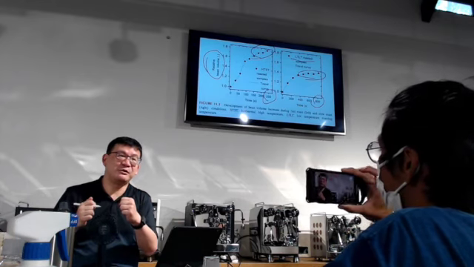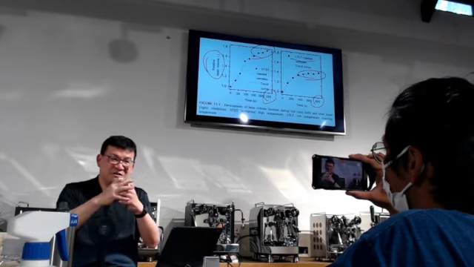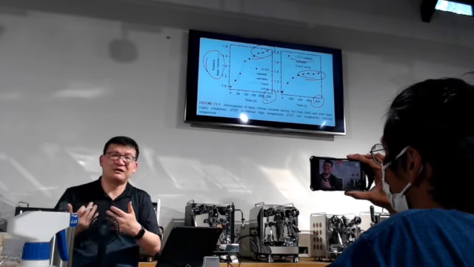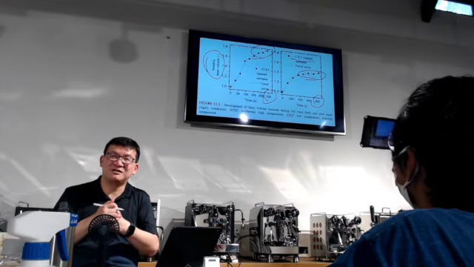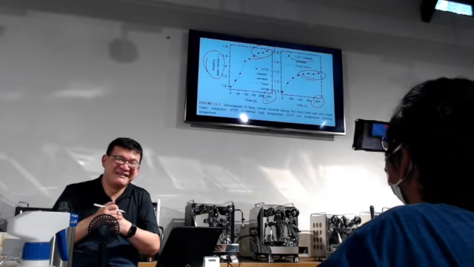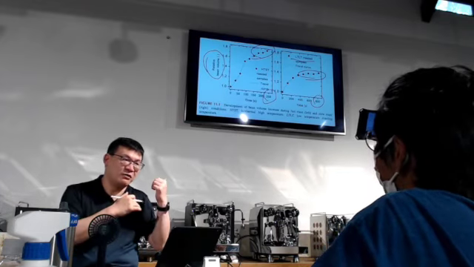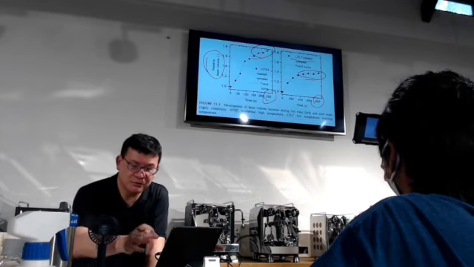Okay, 3 minutes, 180 seconds roast. So the bean size is very big. Easy to extract everything. So it tastes very bad. Okay, but high volume, easy extraction. Very important.